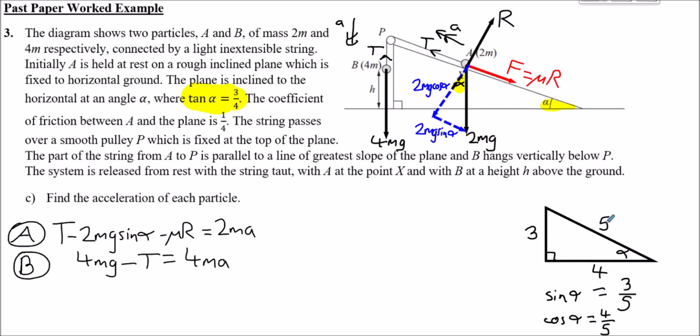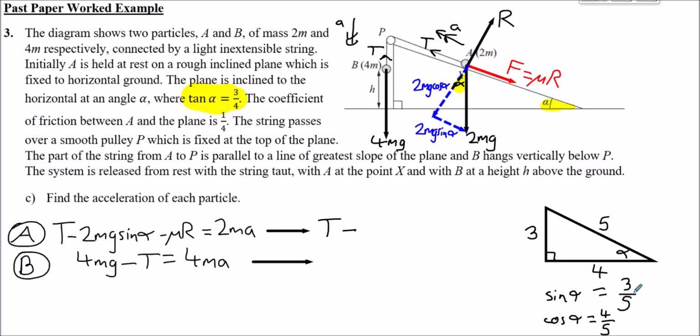So what I'm going to suggest we do is use these values to neaten up these expressions. So if we just move forward slightly with each of these, so T, now 2mg sine alpha, well, I can input here what sine alpha is.